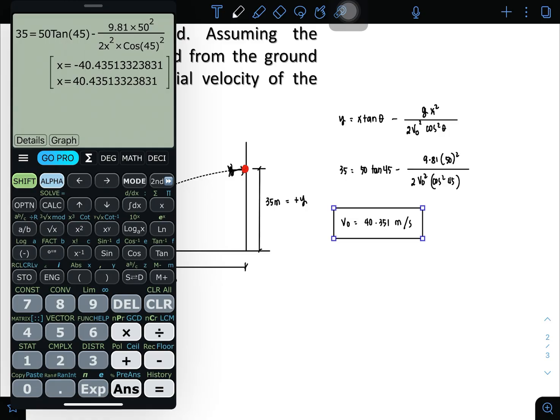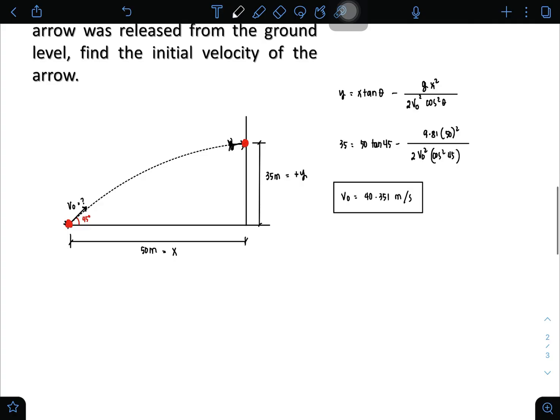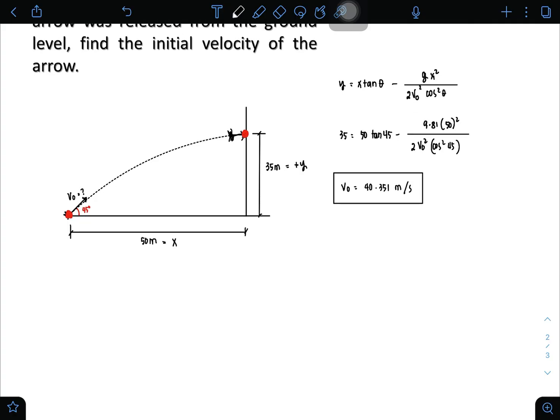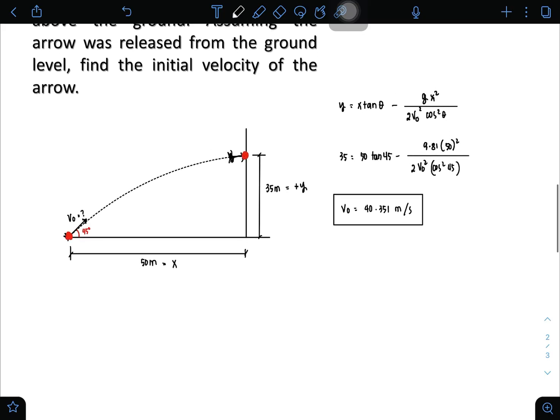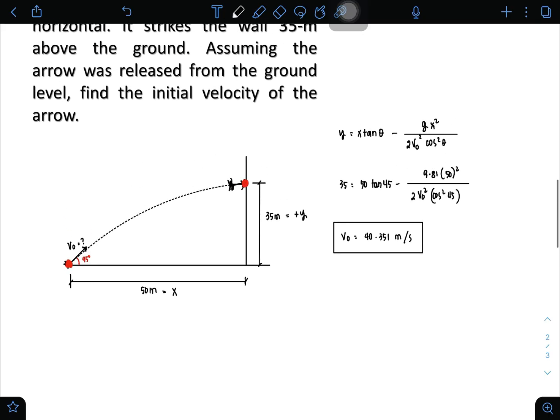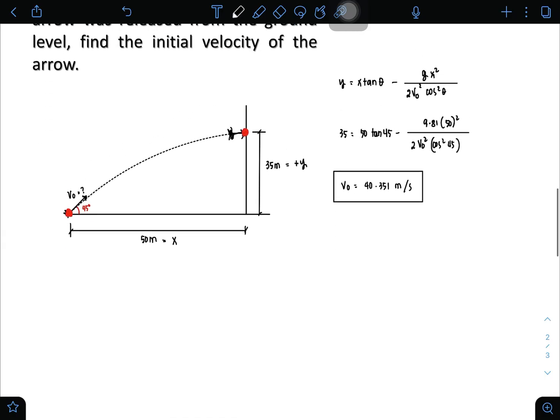Something like that. Okay, so if that is what you wish to have, that is your answer. And then we can actually use the other formulas if you want to.